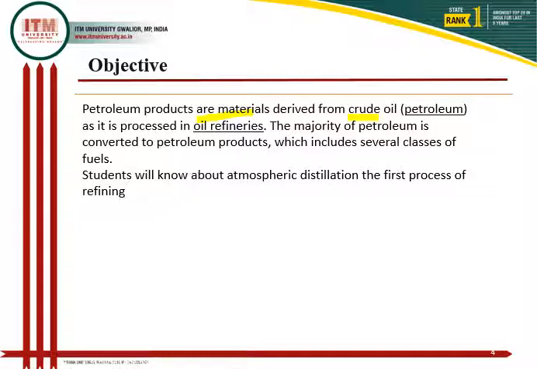The majority of the petroleum products which come from the refining include the various fuels, and various products including lubricants, fuels, plastics. So all are material products, and the students will be able to know about atmospheric distillation, which is the first process of the refining method.